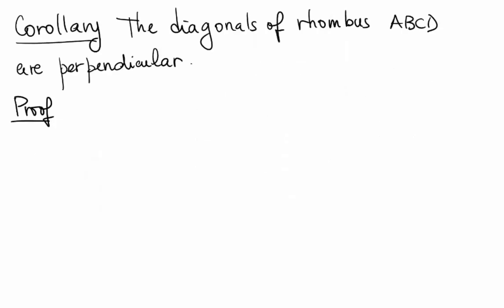As a corollary of the previous fact, we can now establish that the diagonals of rhombus ABCD must indeed be perpendicular. So let me start with a picture. So suppose we have a nice rhombus here. So all sides are equal by definition.